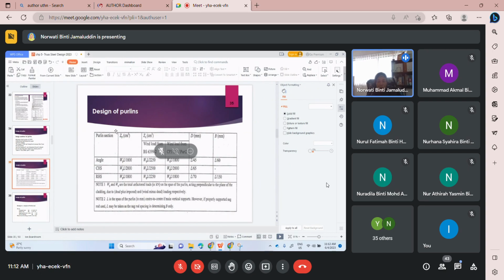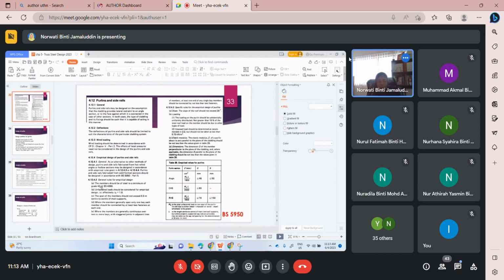Apart from the value of Z, which is the elastic modulus, D is the depth of the section that we want to propose, and B is the width or the breadth of the section that we want to propose. We also need to fulfill certain requirements before we use this empirical method. First, we need to ensure that the steel that we want to propose as the purlin member has a minimum grade of S275.